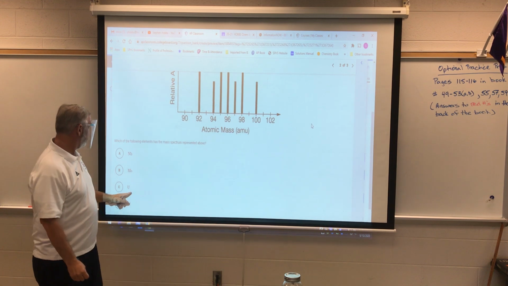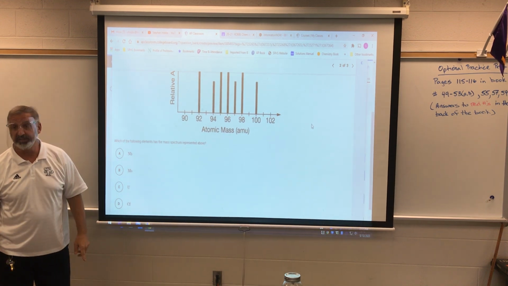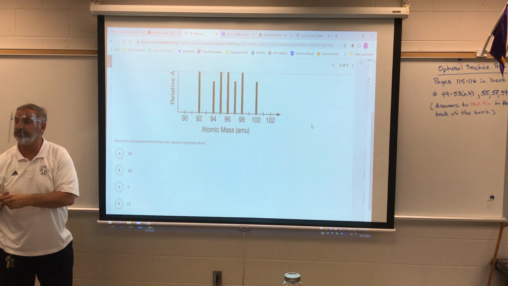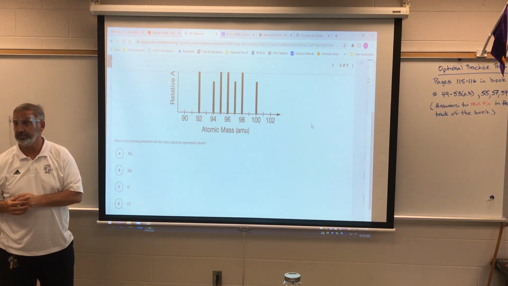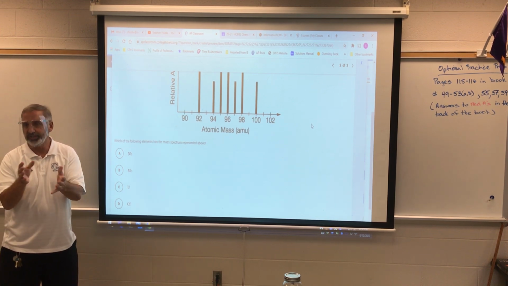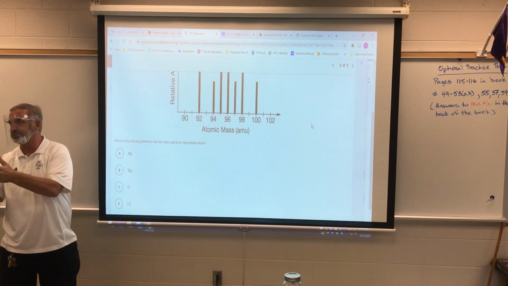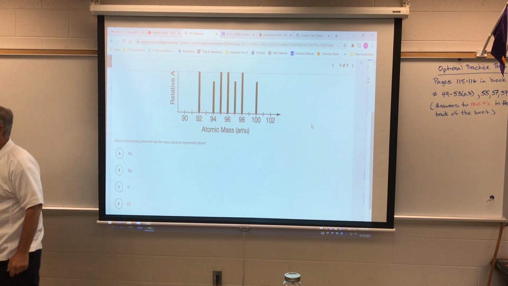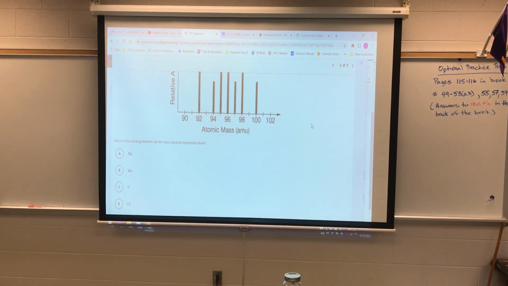Then the next one is uranium, which is 238. But they put that in there because what's the atomic number of uranium? 92. So if you're looking at atomic number 92 versus the atomic mass. And then the last one, californium, way over here, is element number 98.